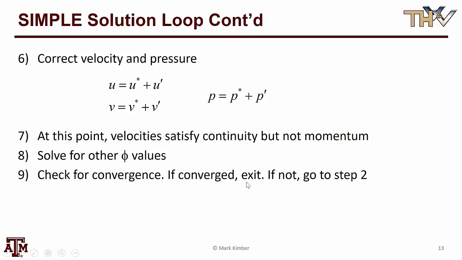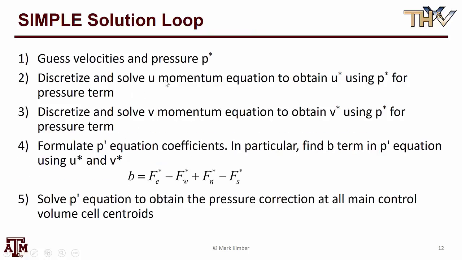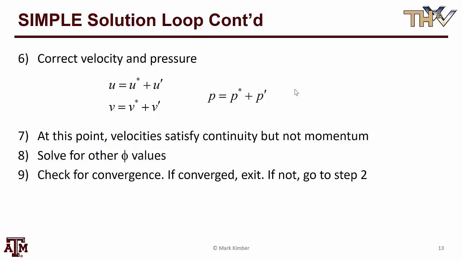If it's converged, we're done. If not, then we go back to step 2, which was starting with that new pressure field, which is now updated, resolving to find a new set of U stars and V stars, going through this whole process again. So that's the solution loop for the SIMPLE algorithm.